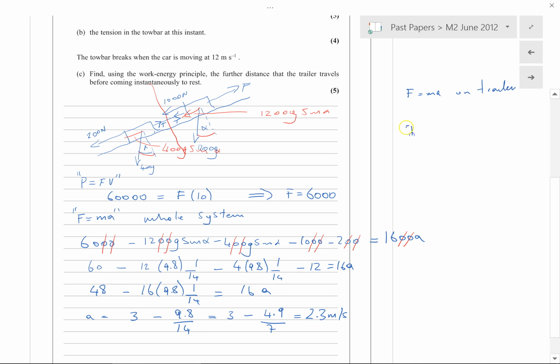We then have the T that's pulling it forward minus the 400 G sine alpha minus 200 is equal to 400 times by the 2.3.